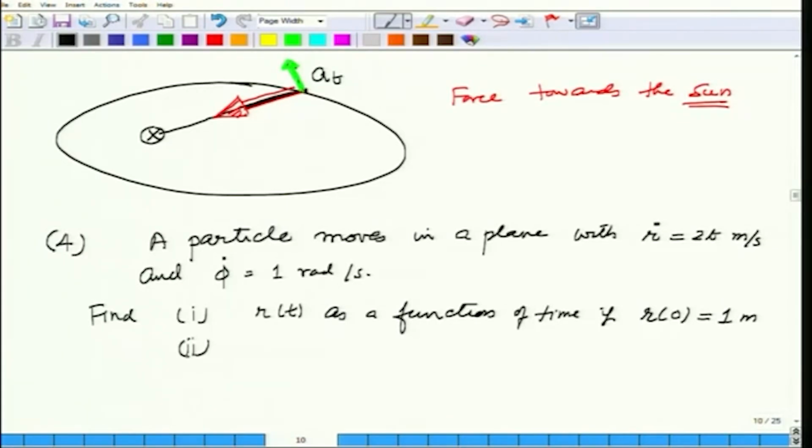And 2, unit vector phi for the particle position obviously as a function of time.